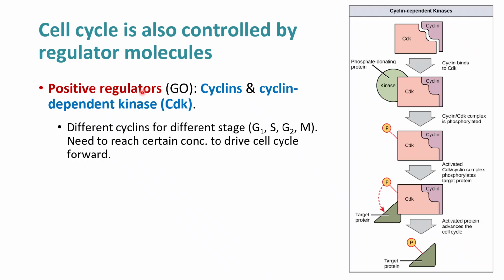So for positive regulators, their presence signals the cells to move forward in the cell cycle. Examples of positive regulators, the go signals, are things called cyclins and cyclin-dependent kinases, CDK. Okay, and these basically just need to reach a certain concentration in order to drive the cell cycle forward.